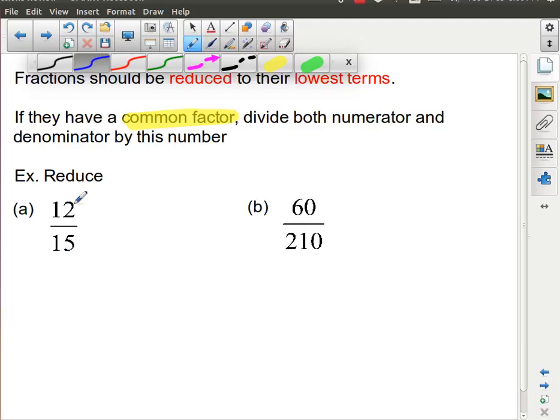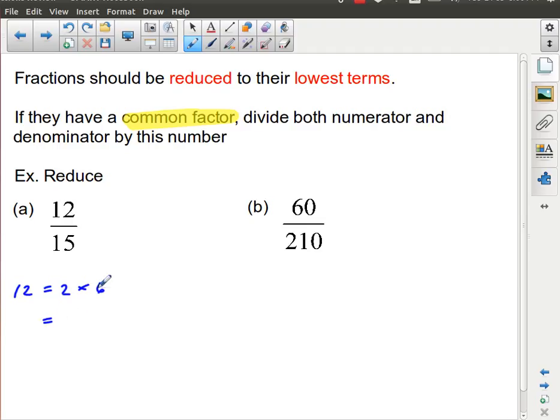So what number fits into both 12 and 15? And there's a few ways that you can figure this out. If you can think about the factors, the things that go into it, what is 12 actually made up of? Well, 12 is 2 times 6, but 6 can be expressed as a product of numbers. So that's 2 times, and then 6 is the same as 2 times 3.